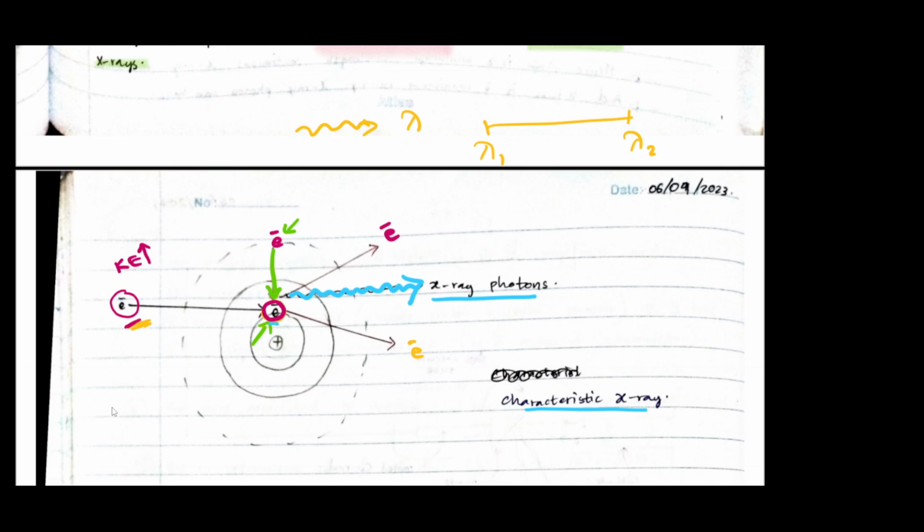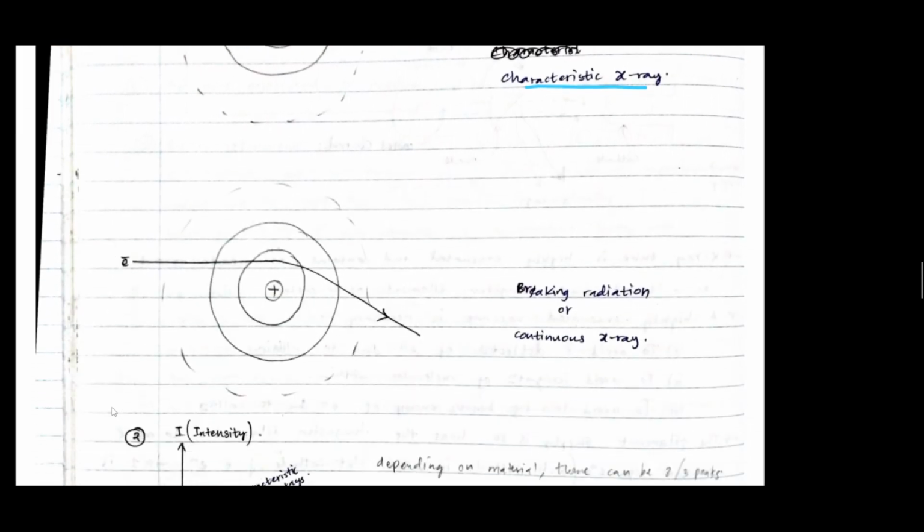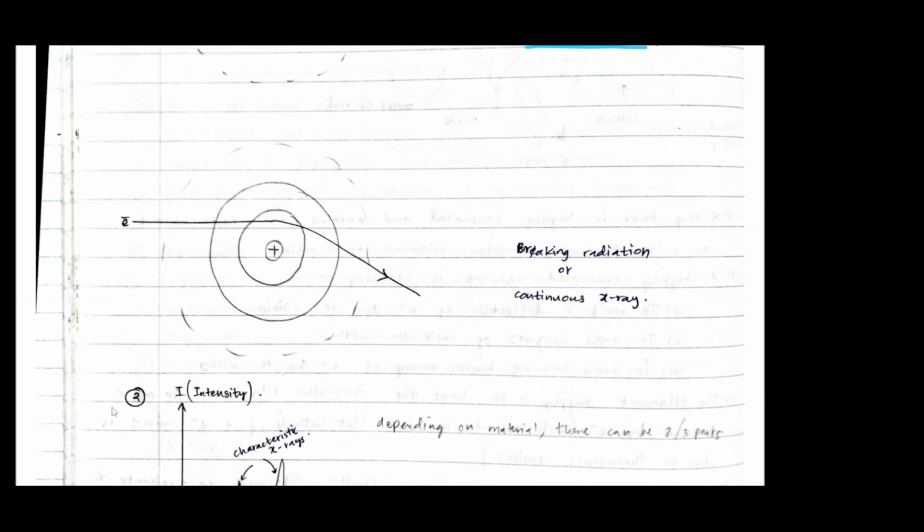Next, let's look at what is continuous X-ray. When we discussed electric fields, there we discussed how electromagnetic radiation is produced. How is it produced? It's produced when charges are accelerated or decelerated.